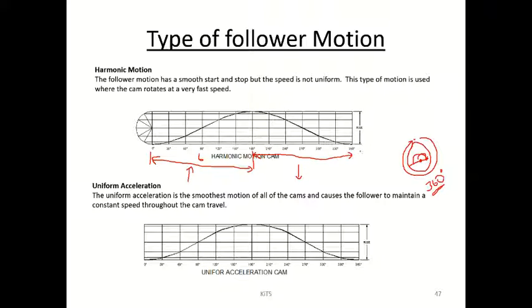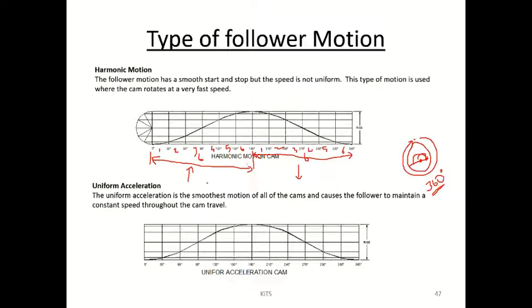Divide it into 30 degree parts: 30, 60, 90, 120, 150, 180. Totally 6 parts: 1, 2, 3, 4, 5, 6. Here also 1, 2, 3, 4, 5, 6.